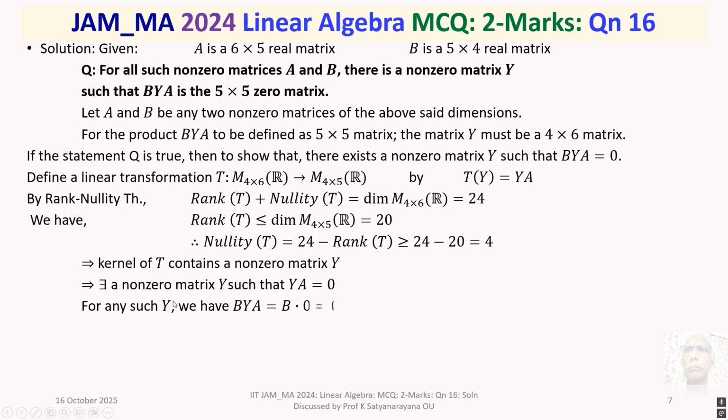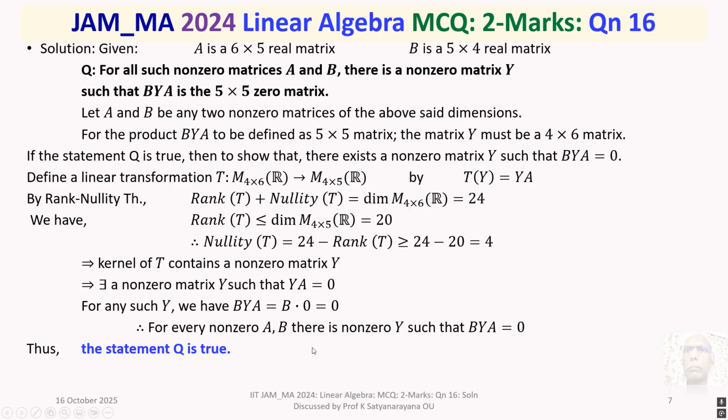For any such non-zero matrix Y, the product BYA is equal to B into YA, YA is 0. So B into 0 is 0. So thus for every non-zero matrices A and B, there is a non-zero matrix Y such that BYA is 0. Thus the statement Q is also true.